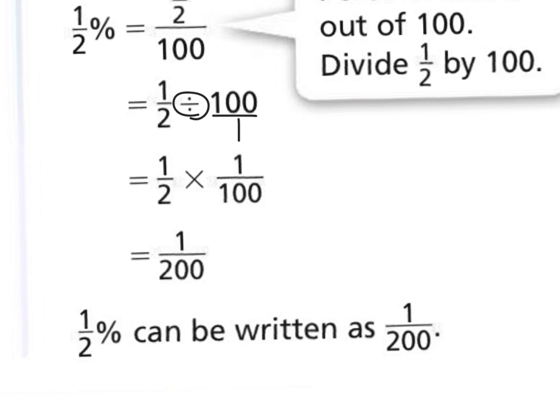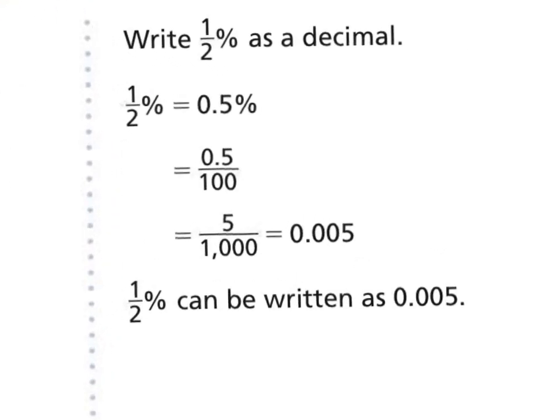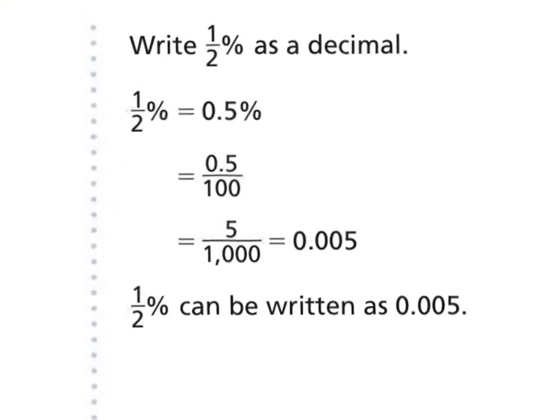Again, I'm going to suggest it might be easier to do the decimal first. 1/2 you might know is 0.5, so that's 0.5%. If you just go with our trick from earlier, move your decimal 2 spots to the left, that's 5 thousandths.